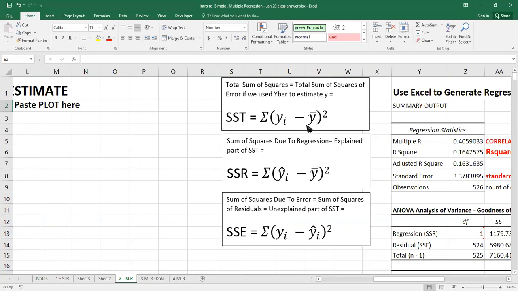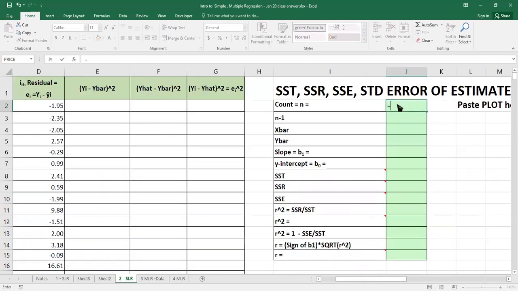We just average it. So if we take the difference of the actual from the average, then we square it and then we sum it up, that is called SST, total sum of the squares. So let's get SST, guys. Your SST is equal to the actual minus the average. So let's get the average first here.